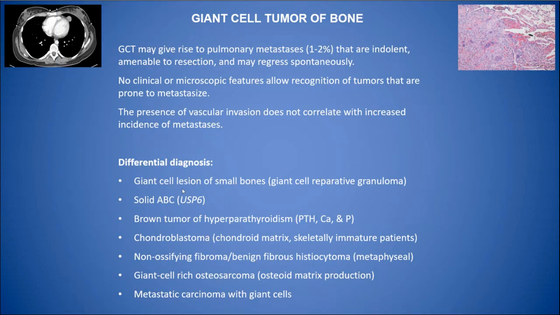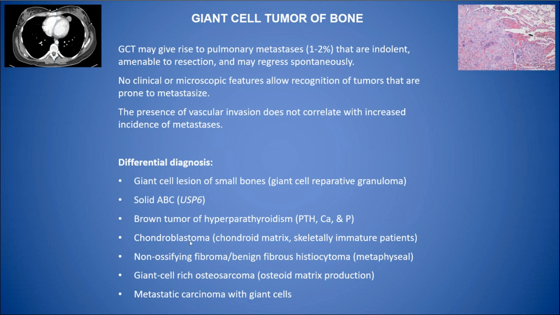But in these lesions, there's a tendency for the giant cells to cluster around areas of hemorrhage. Brown tumors of hyperparathyroidism are associated with abnormalities of parathyroid hormone, calcium, and phosphorus, which is useful and can be clinically confirmed. And they're negative for G34W.